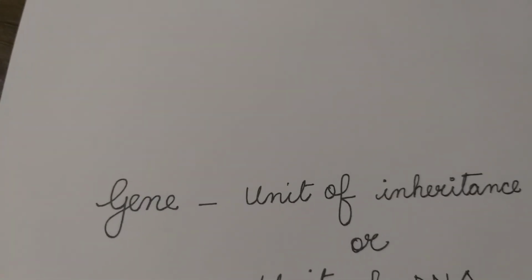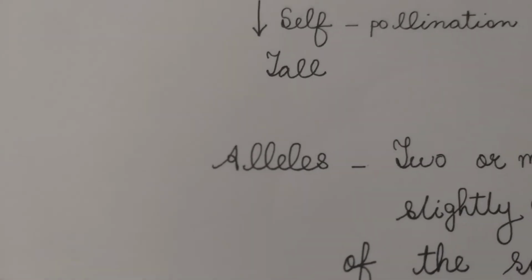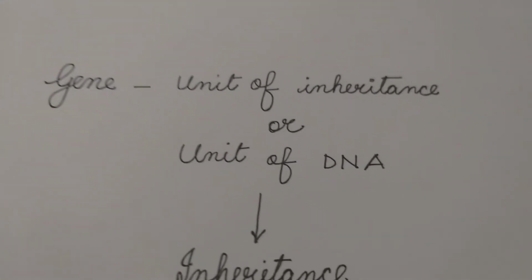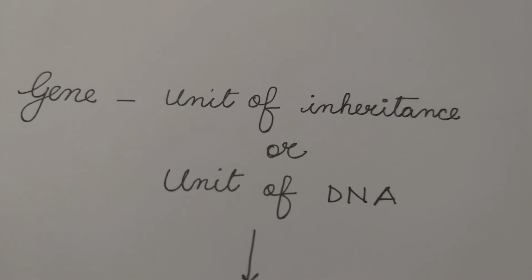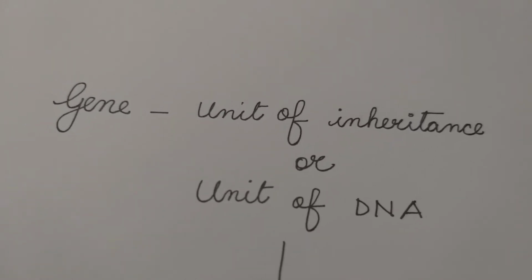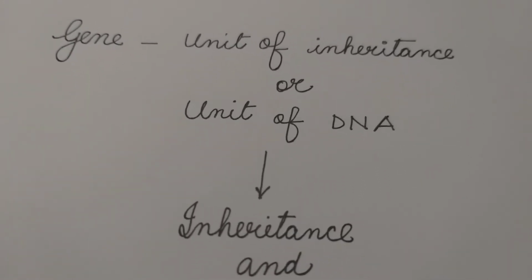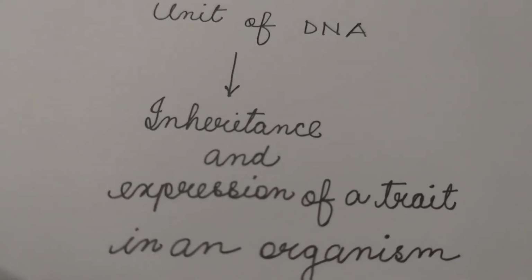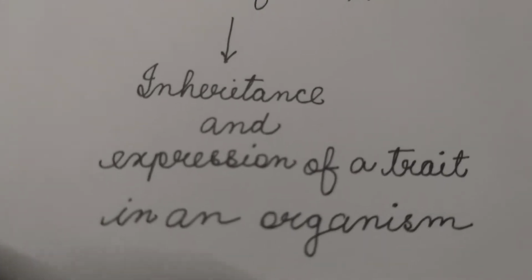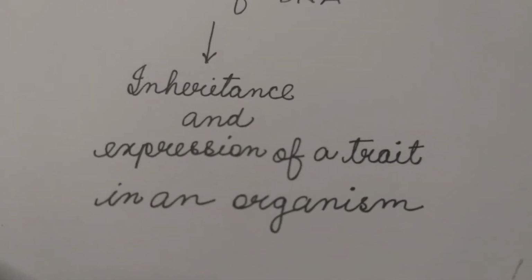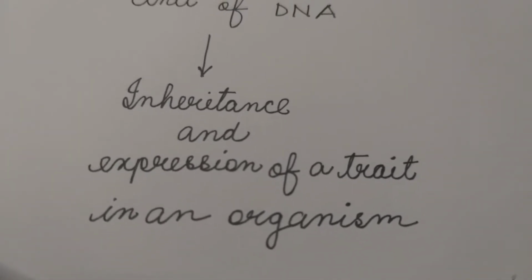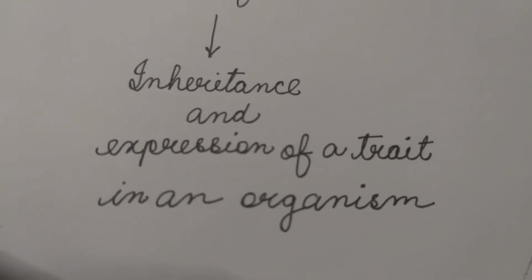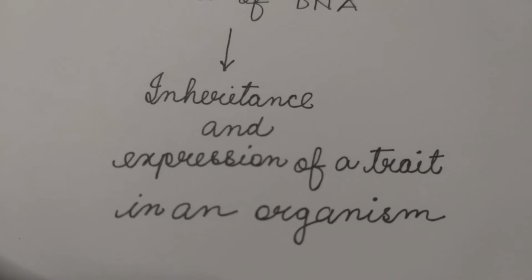Now, what is a gene and what are alleles? Gene: a gene is the unit of inheritance or unit of DNA. A gene is responsible for inheritance and expression of a trait in an organism. Each gene is responsible for inheritance, expression, and appearance of a particular trait in an organism.